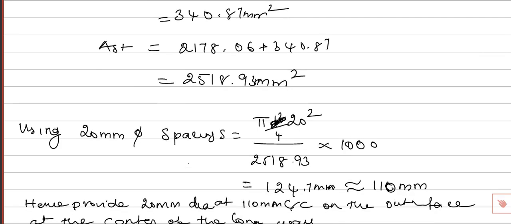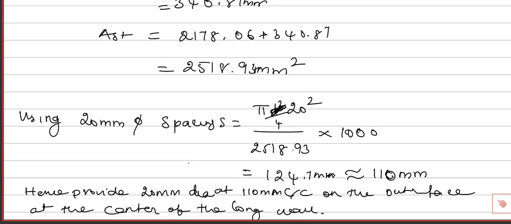So here is the long wall. How much have I provided? We have provided 20 mm dia bars at the rate of 110 mm center to center, for both inner face and outer face, maintaining the same dimension.